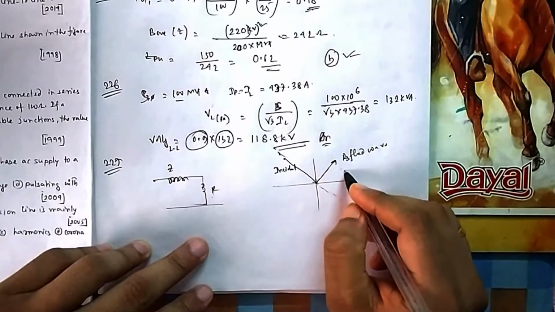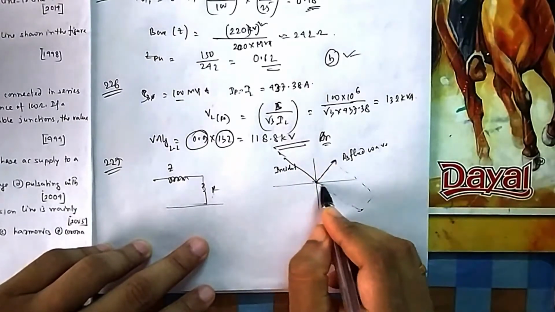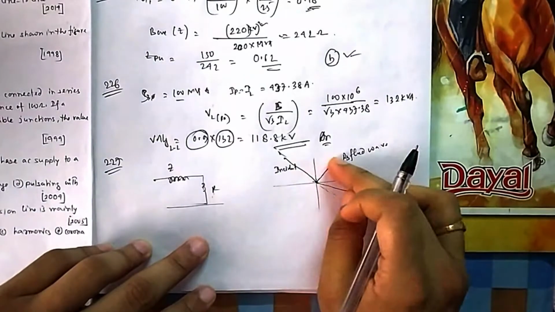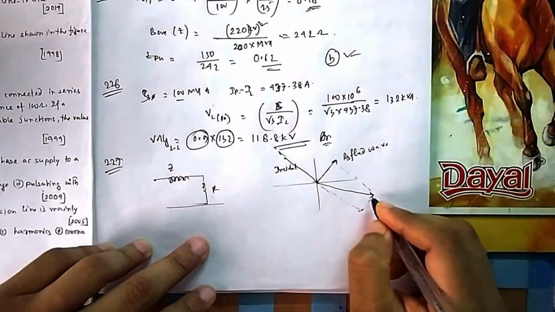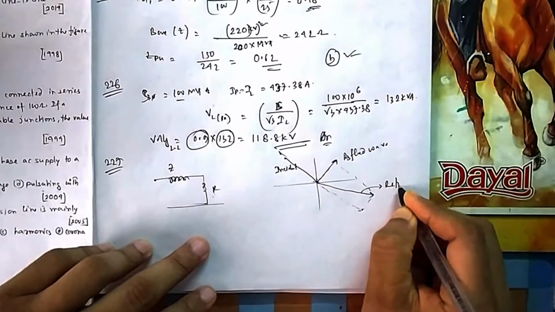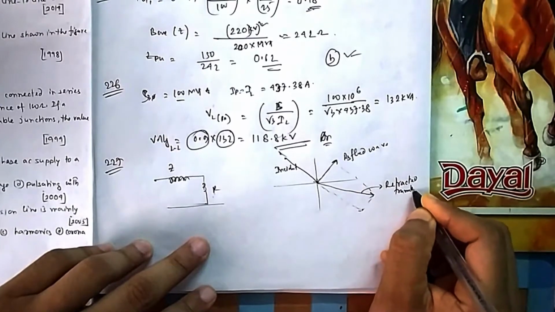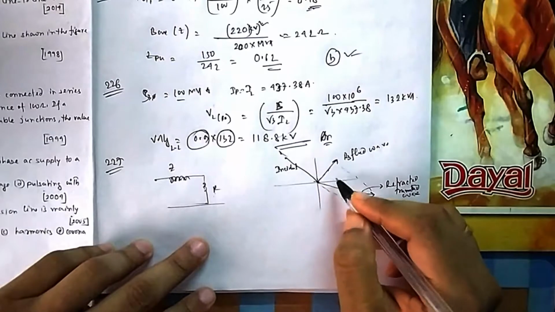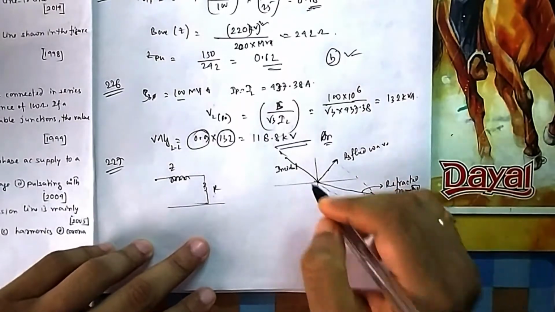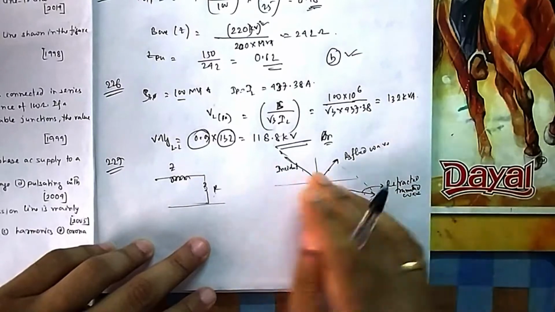So the sum of these two would have been the original, and what is left is the transmitted or refracted wave, which goes forward. From the figure you can see that incident plus reflected gives the transmitted. This was the original incident wave supposed to go through this medium.